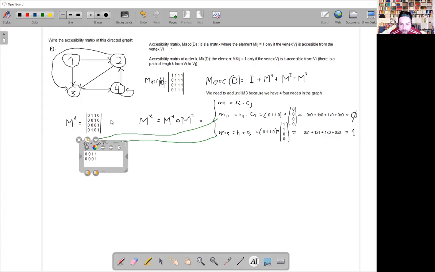We do the same with the third row. The third row only has a 1 at the end, right? So the result will be the same as here, as the column where we have a 1 at the end. So it will be something like 0, 1, 0, 1.